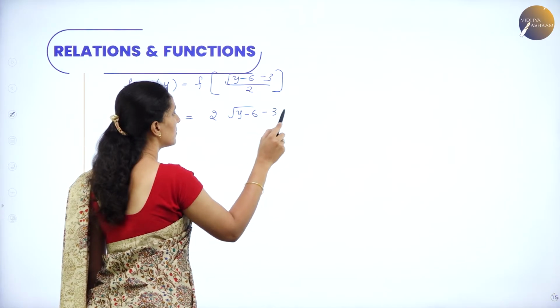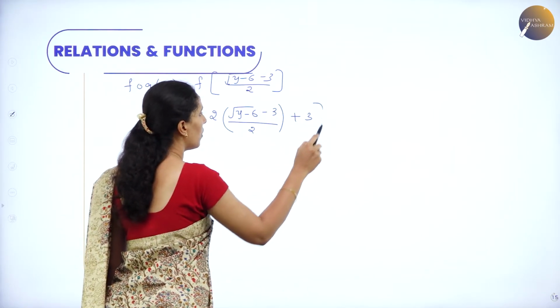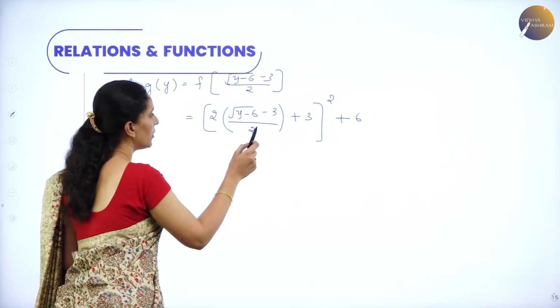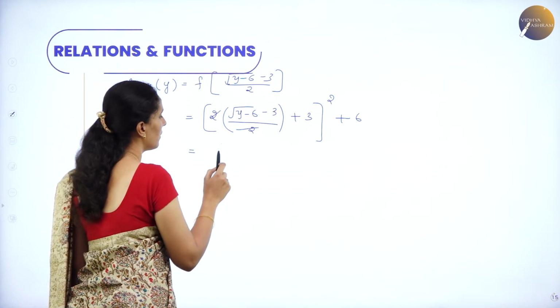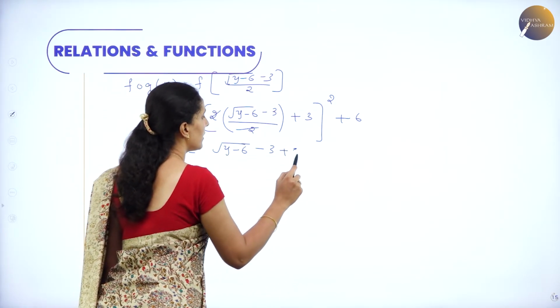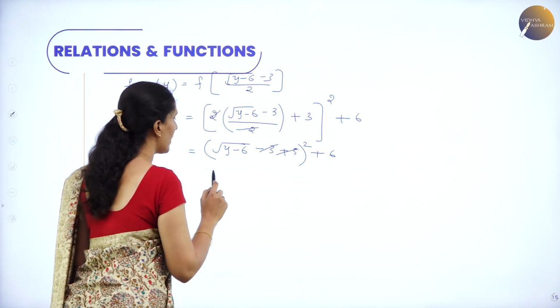So which is 2 times that, plus 3 whole square plus 6. Now here 2 and 2 get cancelled. We have root y minus 6 minus 3 plus 3 whole square plus 6. Minus 3 plus 3 cancels.